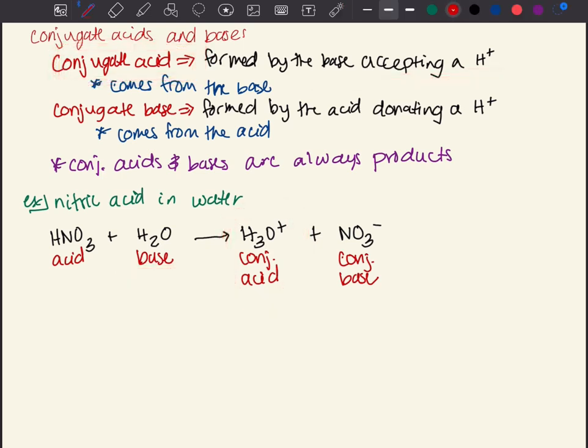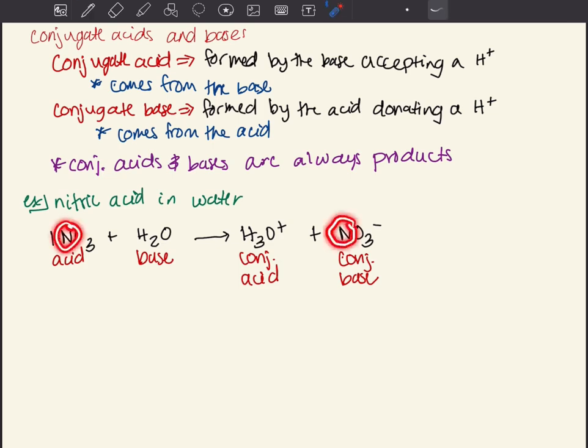Now, when you are doing these, you can also form conjugate acid-base pairs. So your conjugate acid-base pairs are going to look alike. And when I say that, I mean, in this example, one thing has nitrogen in my reactants right here.